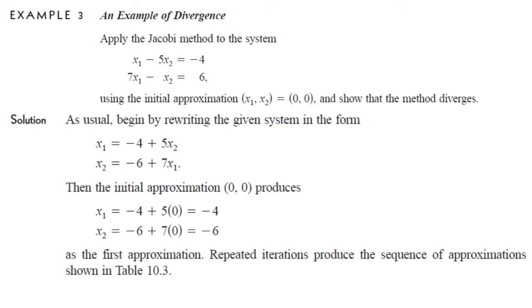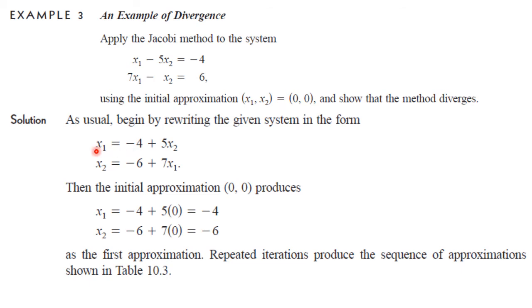So students, see here. This is the example of divergence. Just consider this example: x1 minus 5x2 is equal to minus 4, 7x1 minus x2 is equal to 6, and use the initial approximation to be 0, 0, and show that the method diverges.